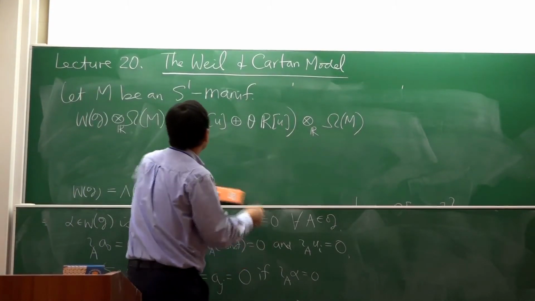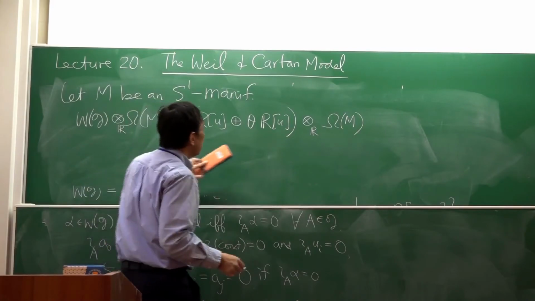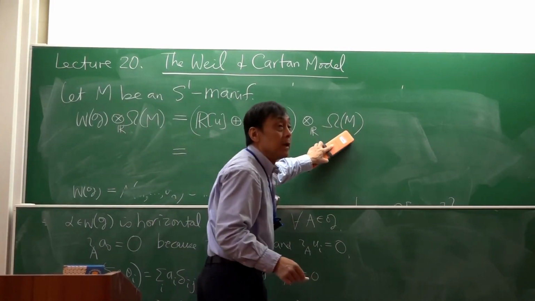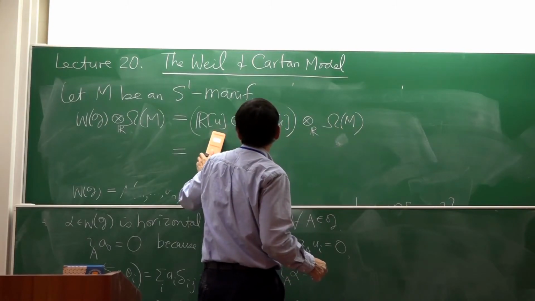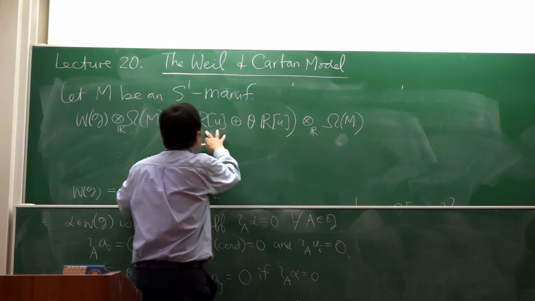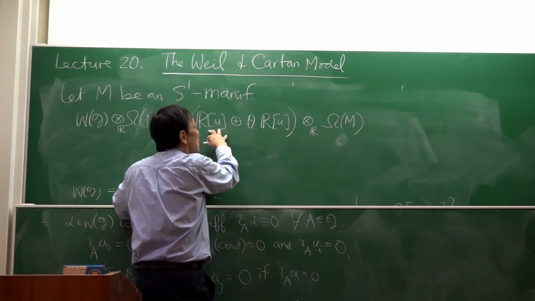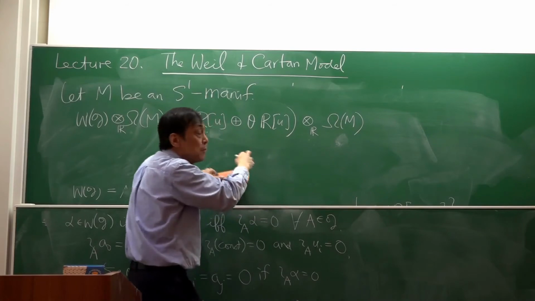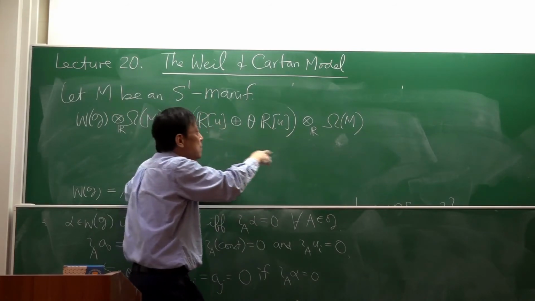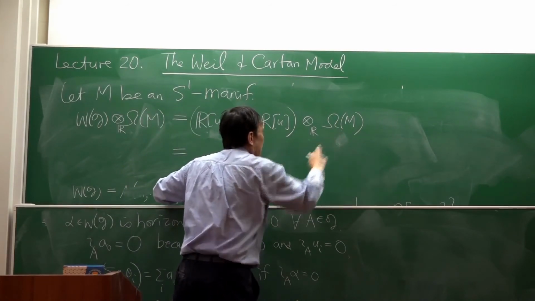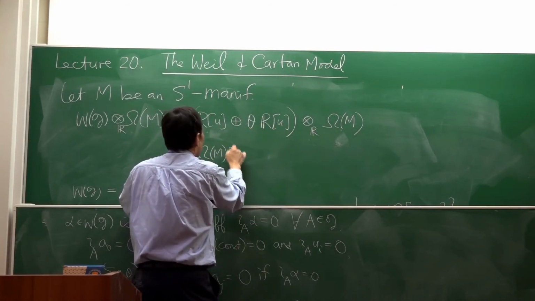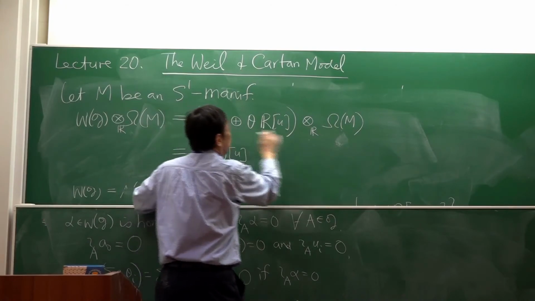Okay. Now, R[U] tensor with omega n. That means, see, this is a polynomial in U, and when you tensor with omega n, you simply replace the real coefficients by forms, right? So you'll get omega n U. That's this tensor with this.